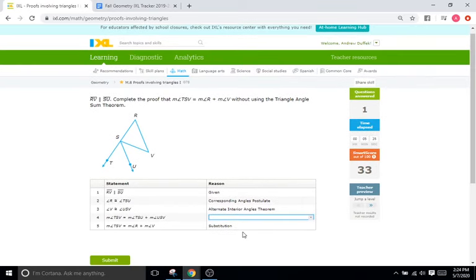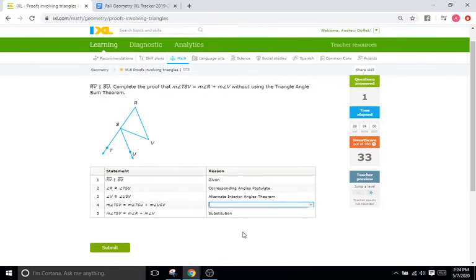RV and SU are congruent, or I'm sorry, parallel. So this line is parallel with this line. Good to know. Complete the proof that the measure for angle TSV, so this entire angle here, is equal to R plus V, without using the triangle angle sum theorem.